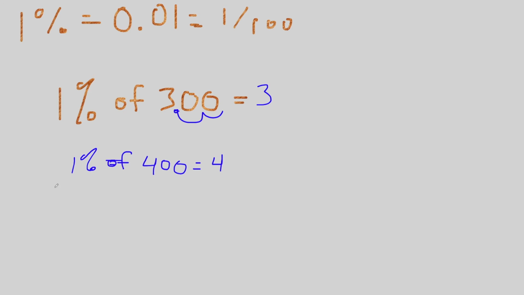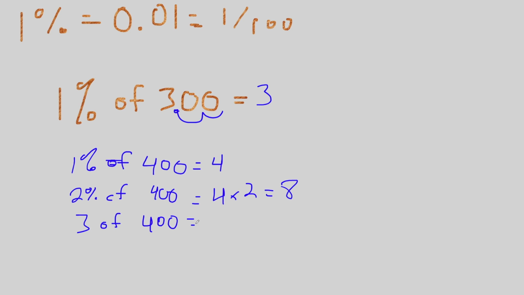And then what if I wanted to take 2% of 400? Well, then I know that 2% of 400, 4 times 2, is going to be equal to 8. And if I have 3% of 400, I would take the 4 and multiply it by 3, and that is going to be equal to 12.